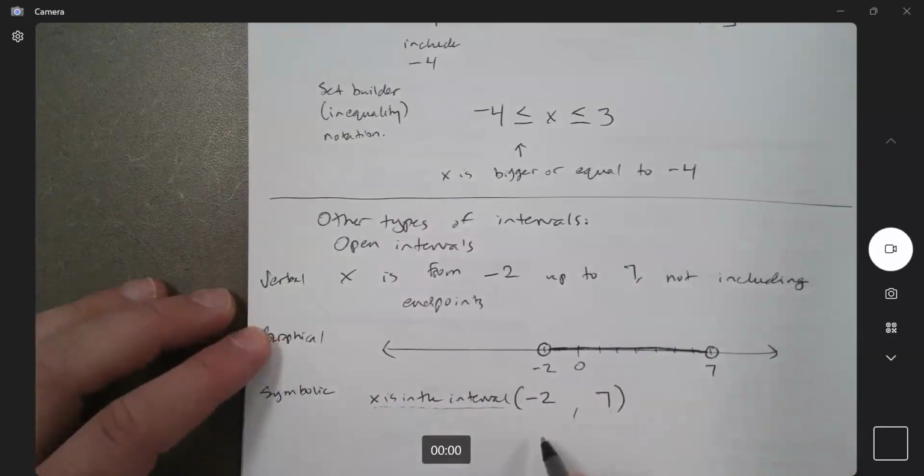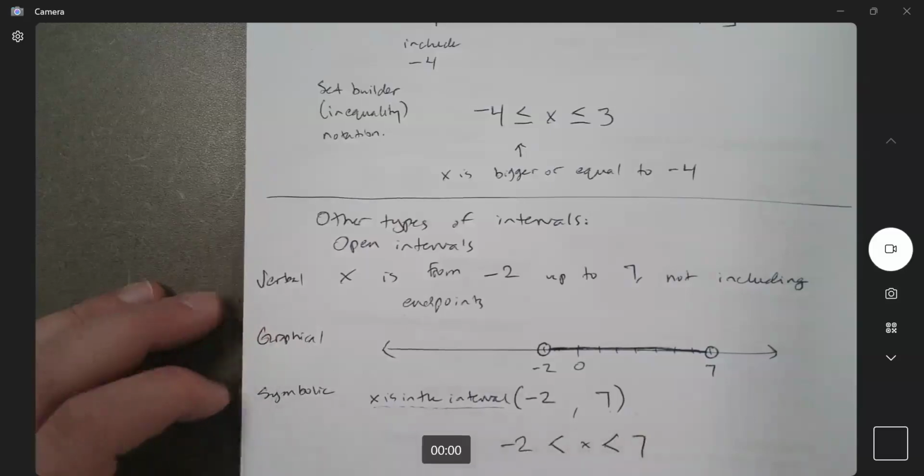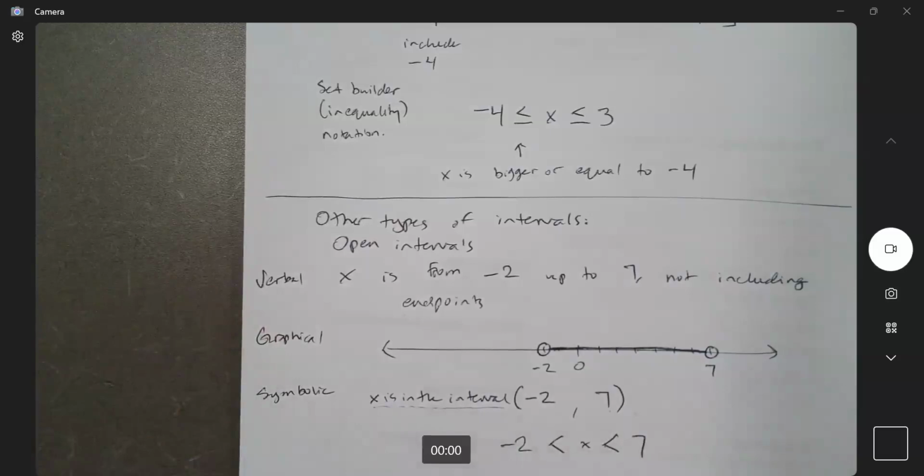And if we want to do set builder or inequality notation, we use a strict inequality. -2 is less than x is less than 7. Last topic. One more type of interval.